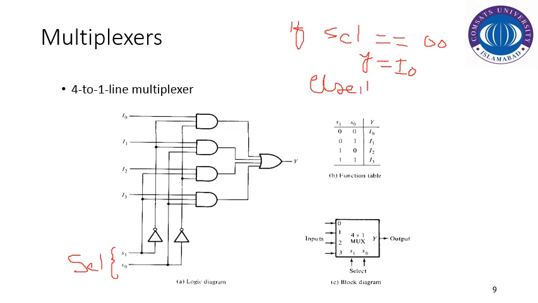Else if SEL, for the selection criteria, equals 0 1, then Y should be equal to I1, and so on and so forth.